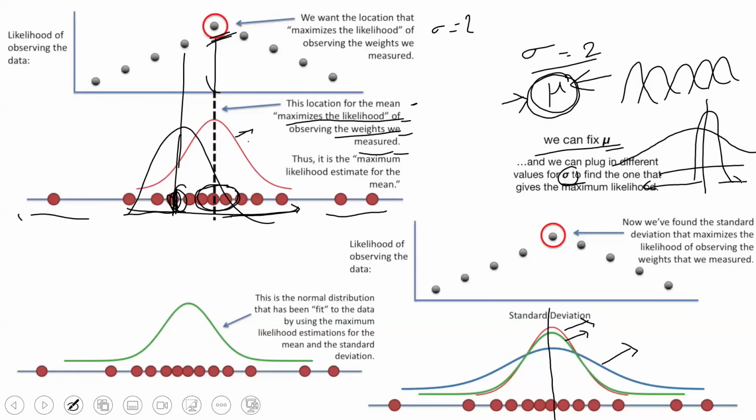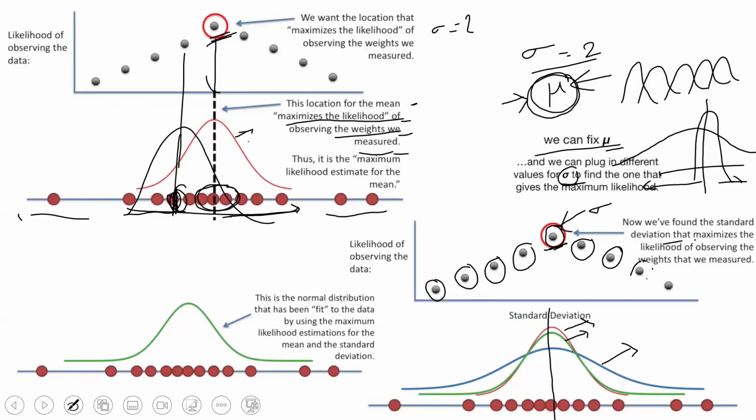So now we calculate the likelihoods for different sigmas. For different standard deviations, we calculate the likelihoods and we take the value where the likelihood is maximum and call that the maximum likelihood. Now, this is the maximum likelihood value for sigma, right?